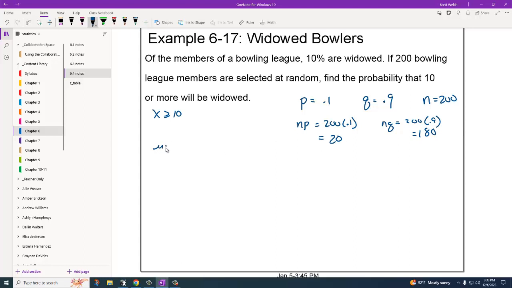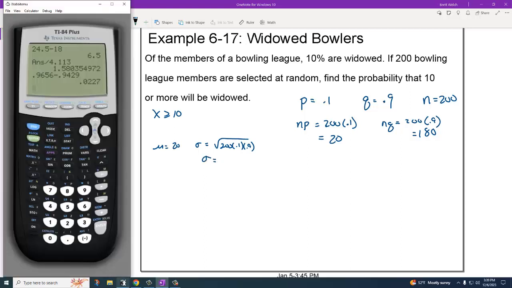So my mean should be 20, and my standard deviation is the square root of 200 times 0.1 times 0.9, which is 4.24.